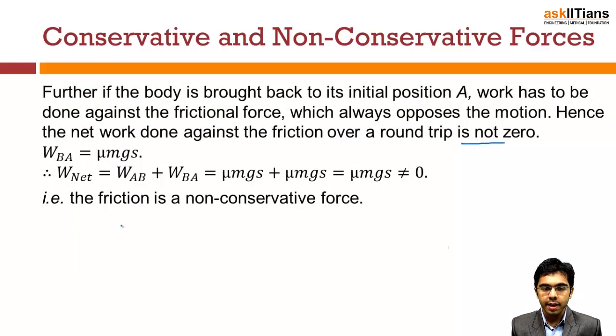So the net work will be work AB plus work BA, and these two works will add, and you will get 2 mu mg s, which is not equal to 0. Therefore we can say that friction is a non-conservative force.